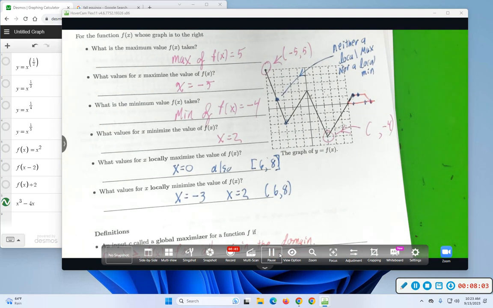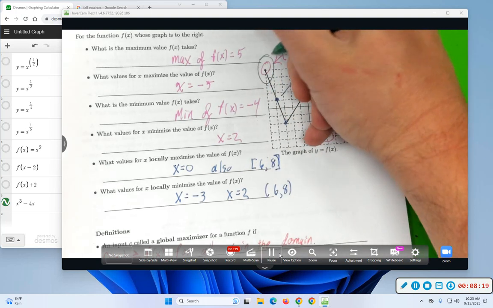So here's, I don't know, I'll stop there. Are there any other inputs that produce either local maxes or local mins that you see? Yeah. Would X equals negative 5 also be considered a local extremum? Ooh, that's exactly the thing to ask about.